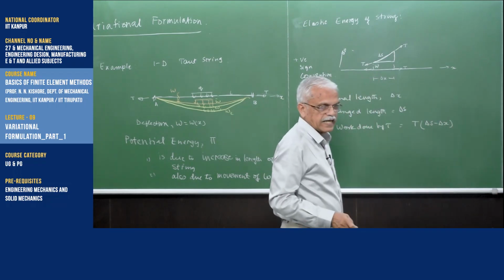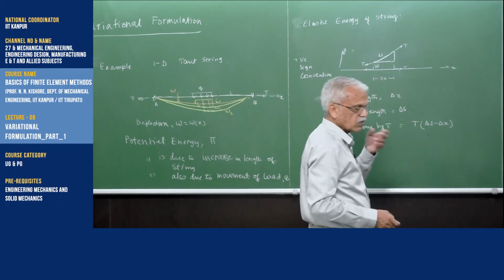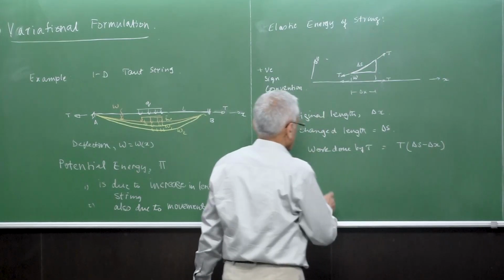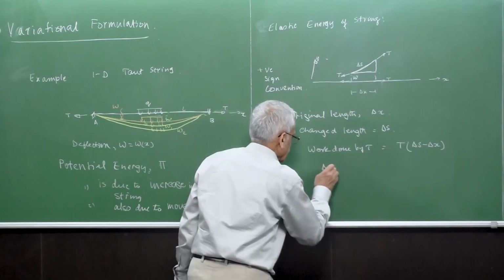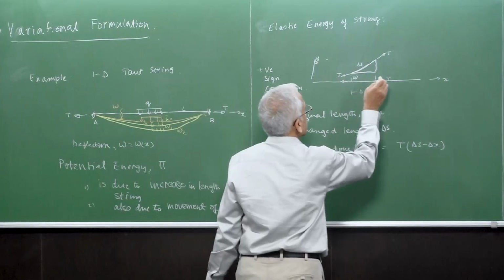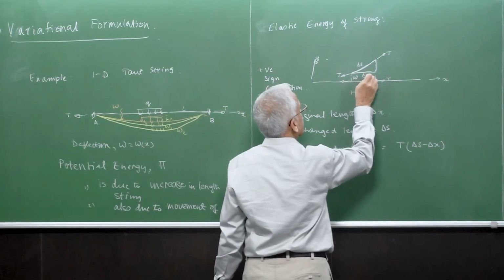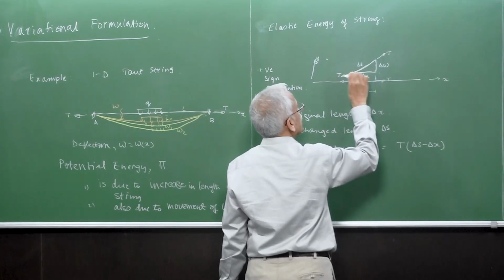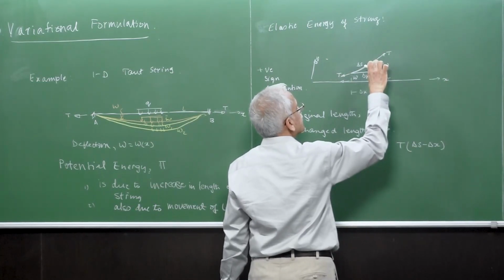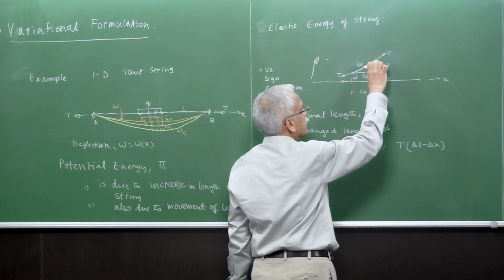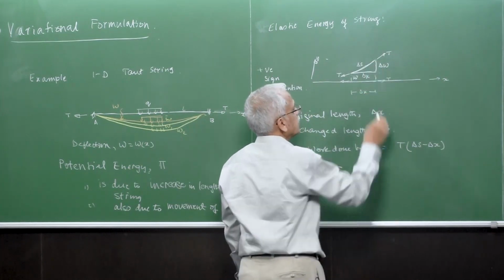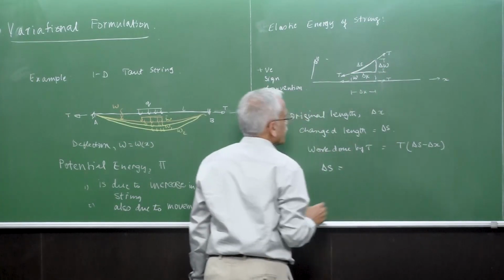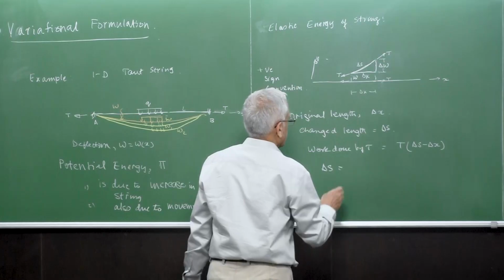So this is the additional energy that has gone into the system. So what is delta s here? This is delta x, and this is W, and the increase in this vertical deflection is W plus delta W. So this small piece is delta W.